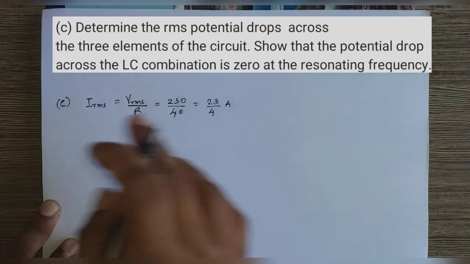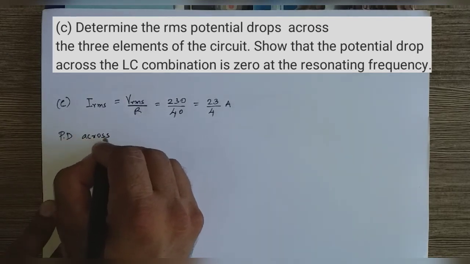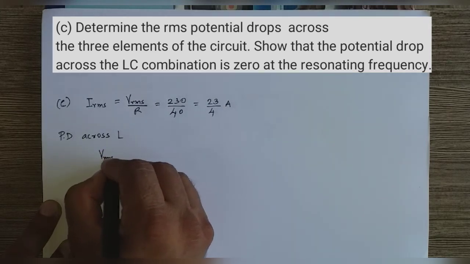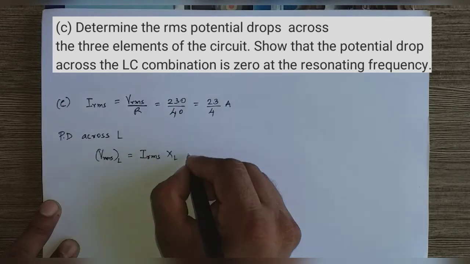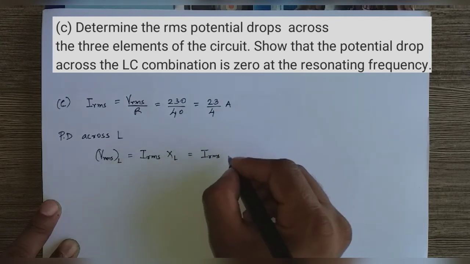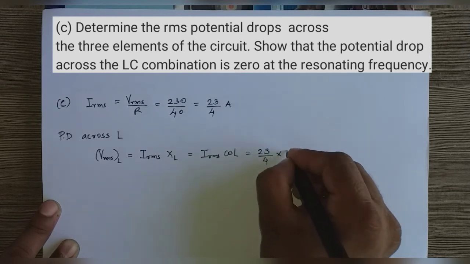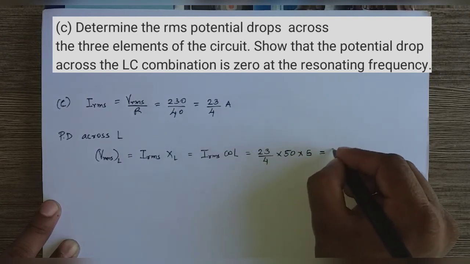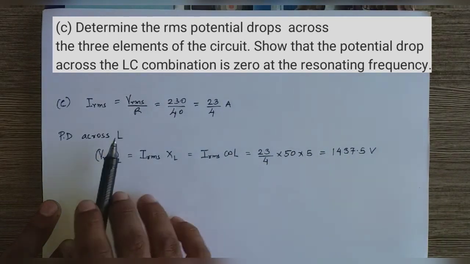Now we find the potential drop across L. VRMS across L is equal to IRMS into XL, where XL is the inductive reactance, omega into L. Putting values, 23 by 4 into omega, which is 50, into L, which is 5. The answer is 1437.5 volt.